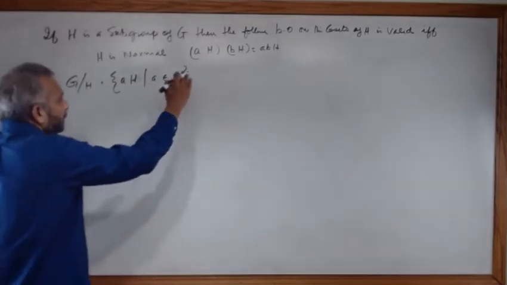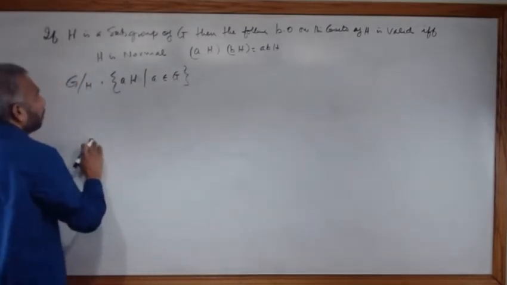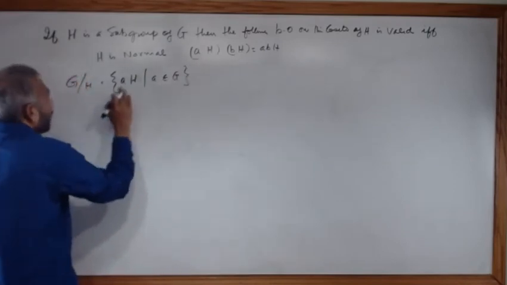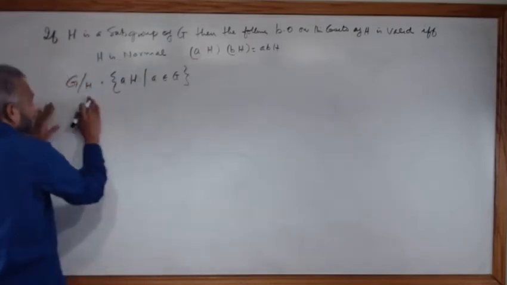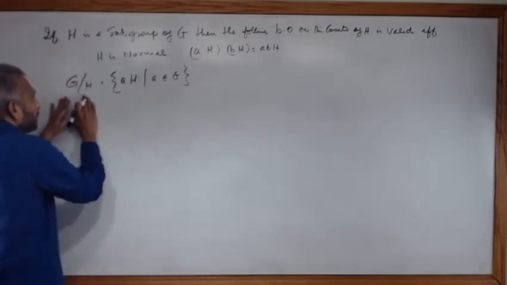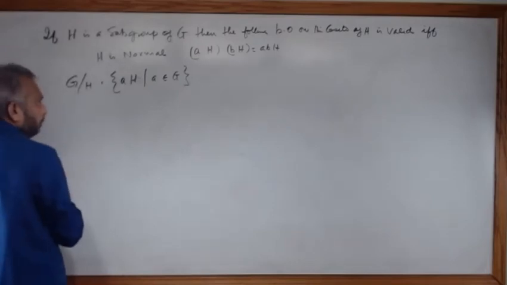And this is the definition of the binary operation. So we have a binary operation and we have a set. Now we need to prove that this is a group.